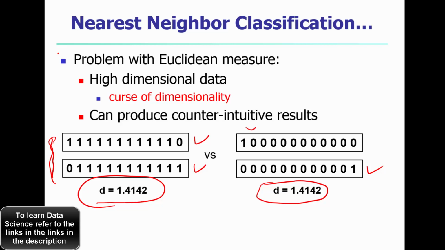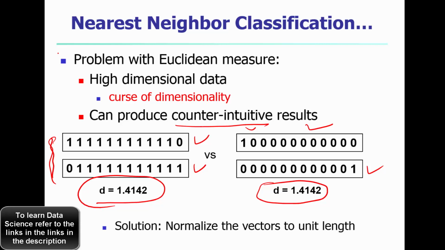Whereas here you would conclude that the data point would be 0, because the majority vote is 0. So the distance is the same in both pairs, but the answer comes out different. So the answer could become counterintuitive sometimes. So using Euclidean distance could be a problem in many areas.